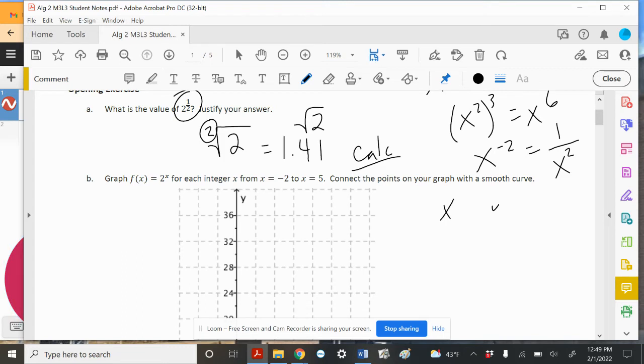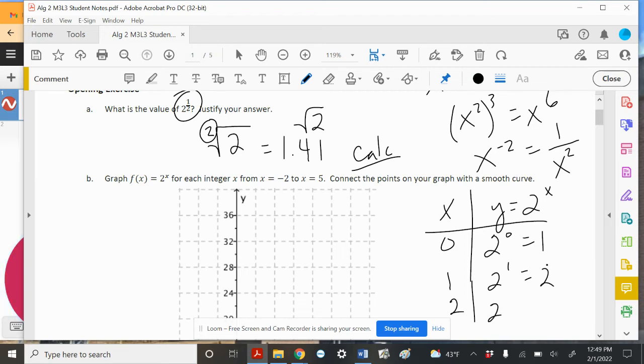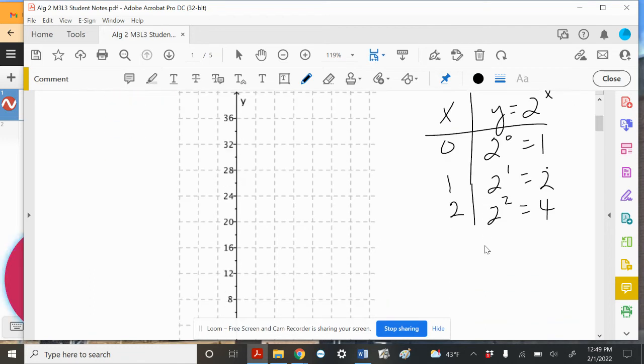So if I go back over to my sheet there and point out some of the values that we came up with, remember that y equals 2 to the x. If I plug in a 0, I get 2 to the 0, which is 1. If I plug in a 1, I get 2 to the 1, which is equal to 2. If I get a 2, 2 squared is equal to 4. We can keep going. So 3, 2 to the third is equal to 8. And you'll notice it's exponentially increasing.